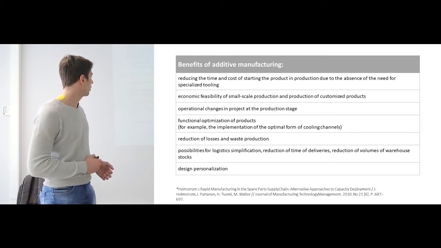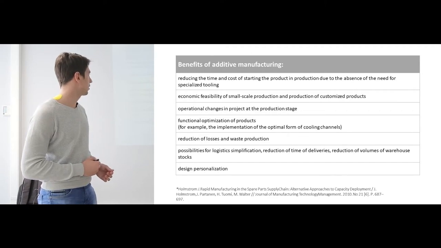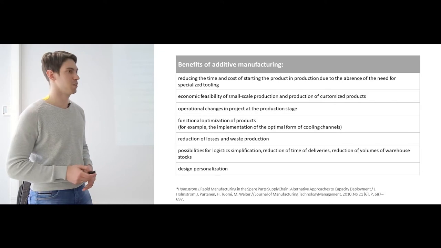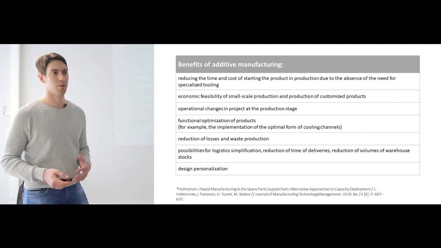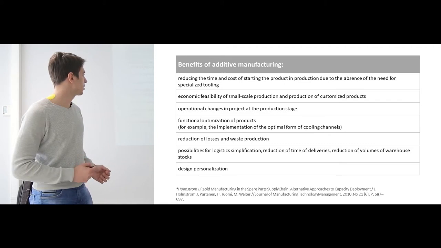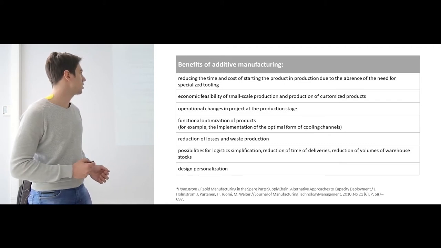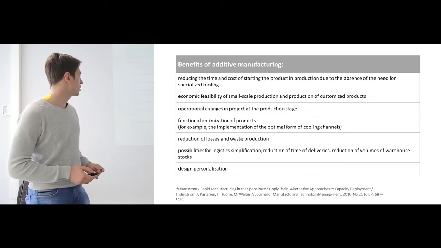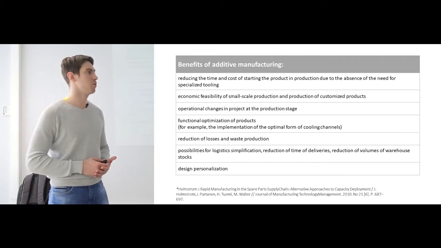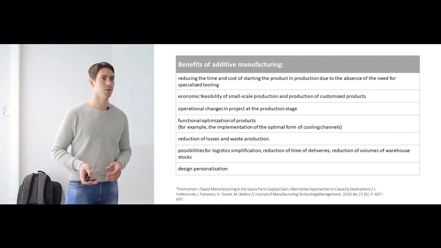The other benefit is that there's a big economic feasibility of small-scale production and the production of customized products due to the same reasons. There are also operational changes in the project at the production stage due to the same reasons. Then the functional optimization of the products, because you can create objects of very complex 3D forms.